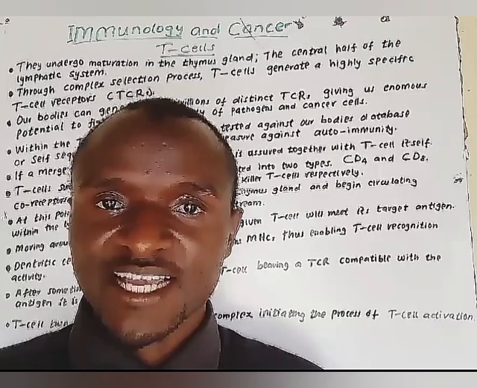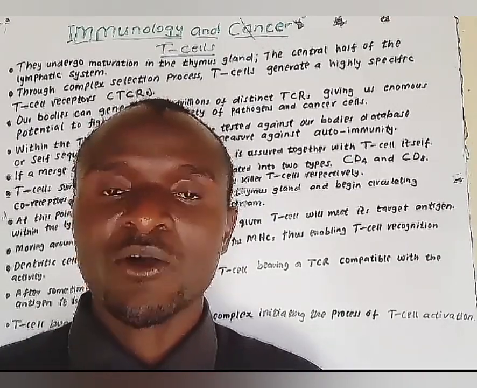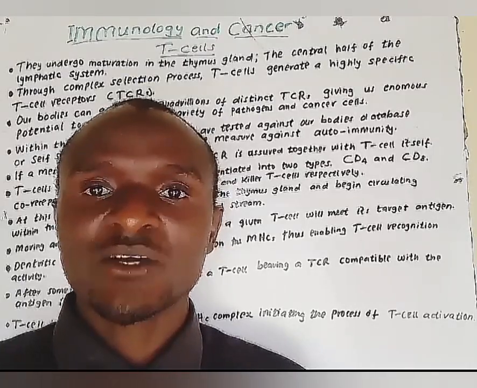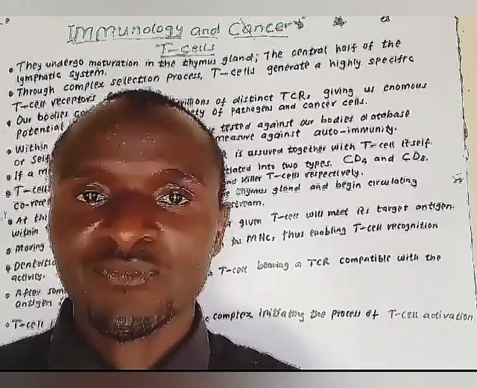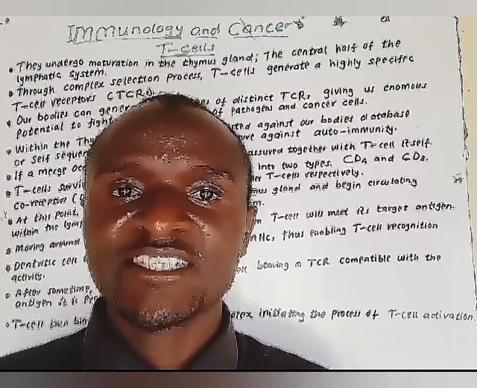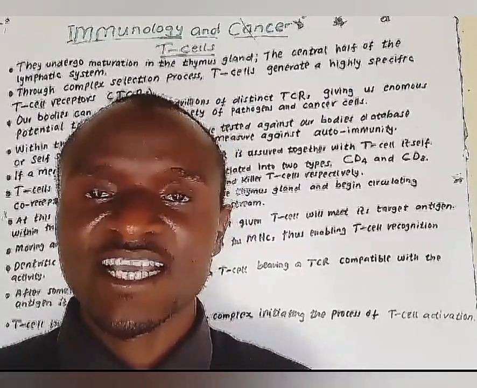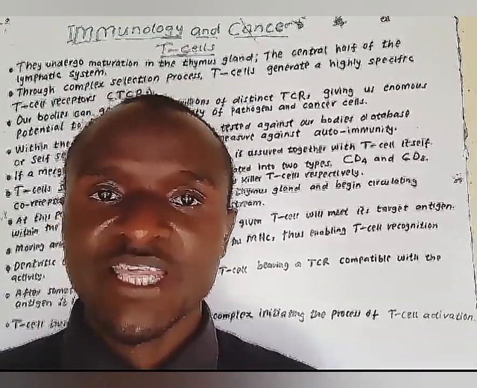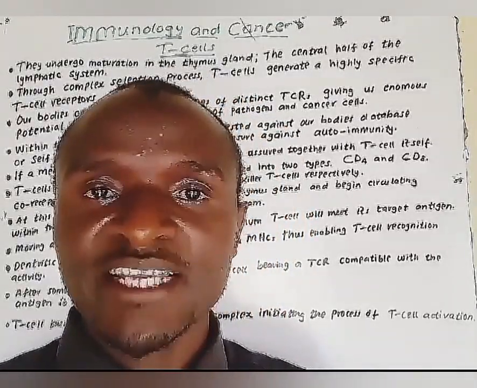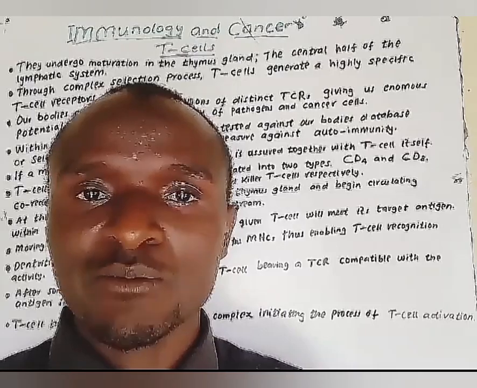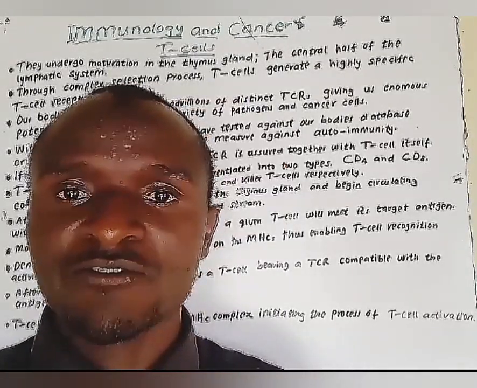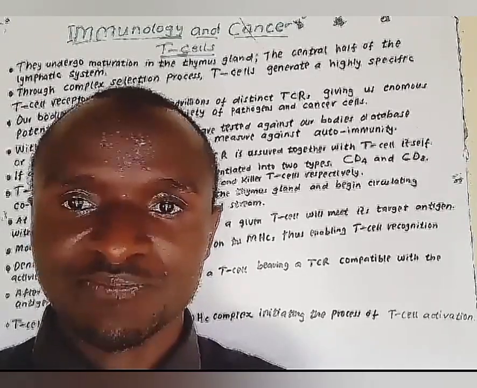The dendritic cell then presents the antigen on the MHCs, therefore enabling T cell recognition. After some time, a dendritic cell finds a T cell bearing a TCR compatible with the antigen it is presenting. The T cell then binds to the antigen MHC complex, thus initiating the process of T cell activation.